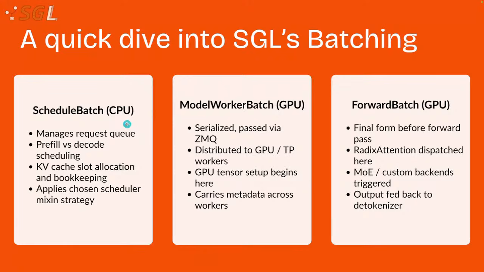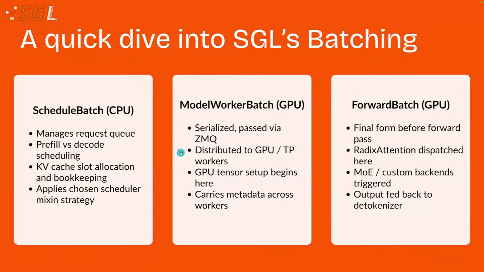In the scheduler, we have this schedule batch, which exists on our CPU. We manage our request queue. We have our prefill versus decode, as shown in the diagram from earlier. And then we have our KV cache bookkeeping, allocation, and prefix management, and then we apply our chosen scheduler strategy.